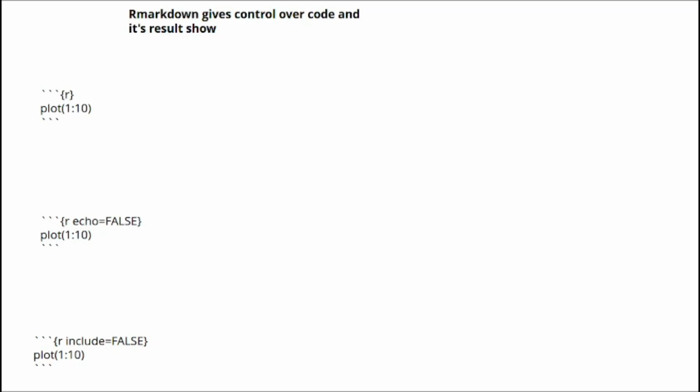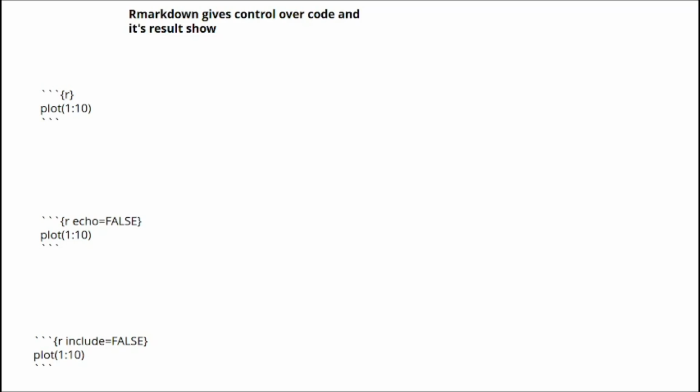and here he finds R Markdown. R Markdown gives you control over code and its results. On the screen you can see that there are three options here. Basically I have written three code chunks here.